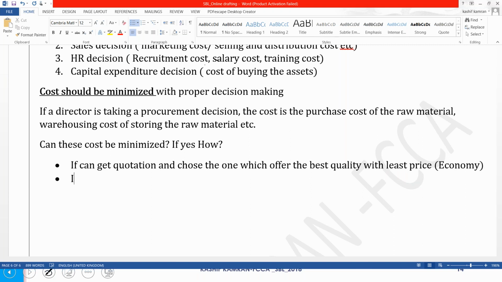Second, bulk buying, we can do bulk buying. The bulk buying would enable us to get discounts, the purchase discounts. So we can do the bulk buying, purchase discounts. But again, the bulk buying would also increase our warehousing cost. So one good thing, one bad thing.